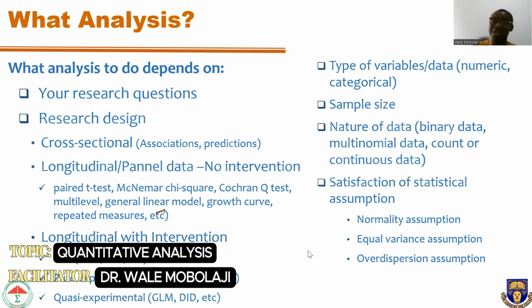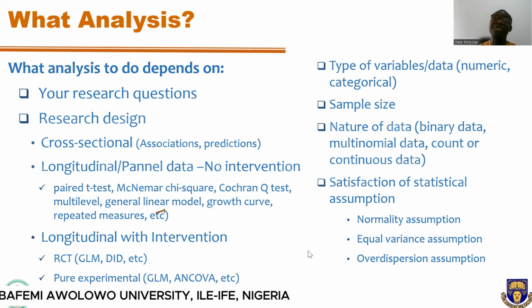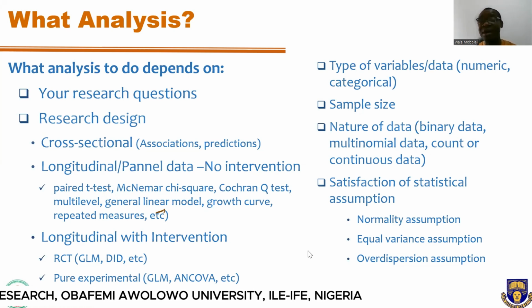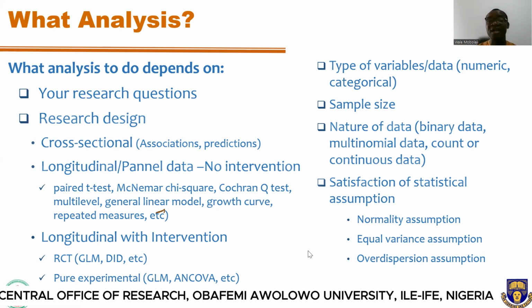Outcome variable means dependent variable, and explanatory is the independent variable. So you need to identify them. You also need to know whether both outcome and explanatory variables are numeric, whether both are categorical, whether one is numeric and the other is categorical. And if it is categorical, is it binary, is it multinomial, and so on. All of that is very important.